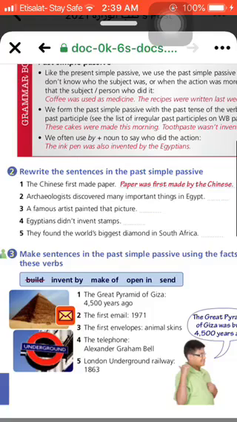So we will begin with paper, because paper here is the object. So paper was first made, and we are going to add by and the subject. Paper was first made by the Chinese.